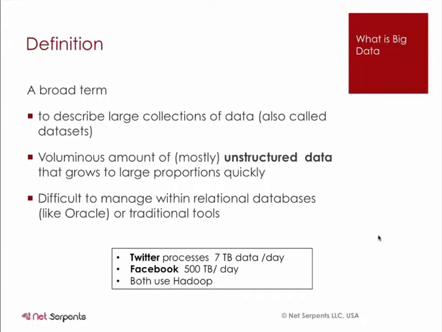Essentially, Twitter, Facebook, and all these companies had a big challenge processing data, because it would take days to generate reports or dashboards or draw meaningful statistics out of the data. That's how big data came about.